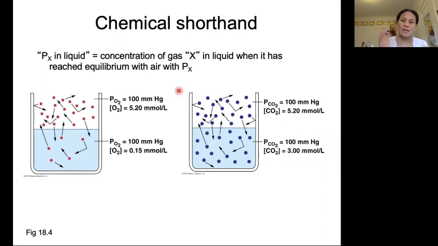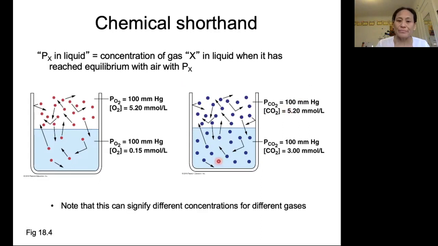This is a kind of shorthand that we use to refer to concentrations of gases in the water. The reason we do this is because it's easier to use the same units when we're looking at gases moving in and out of the blood. We're changing phases all the time and we don't want to change concentrations and things like that.